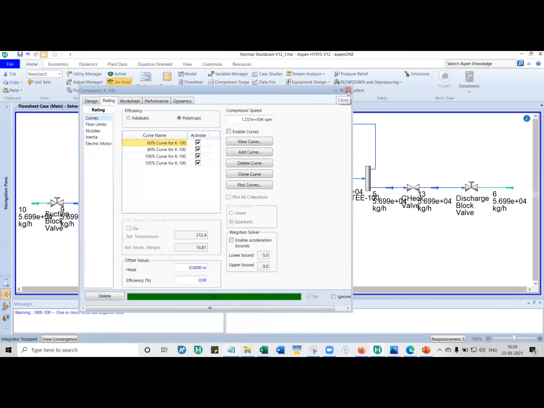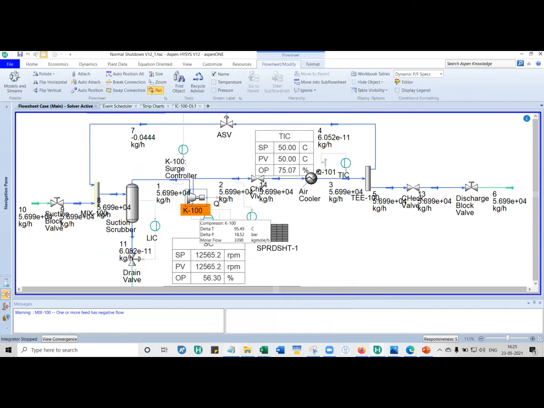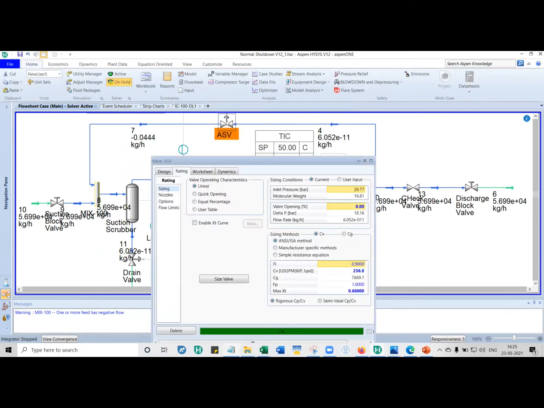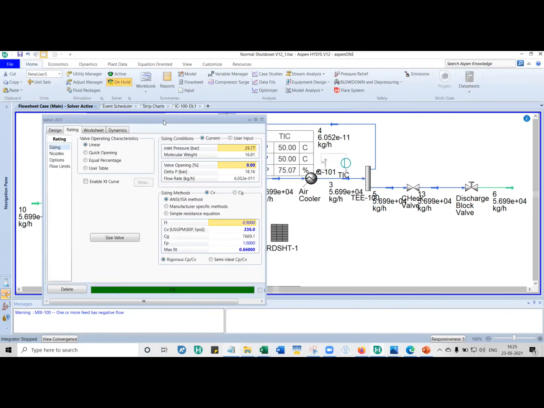So therefore, for the gas compressor, you have to have your performance maps. Next, for the ASV, when you're sizing it, please remember it is the vendor who decides what the ASV size should be. But let's say you're in the proposal stage or the front end stage where the manufacturer still has not given you data, but you have to do at least tentatively what size of a CV you have to put.